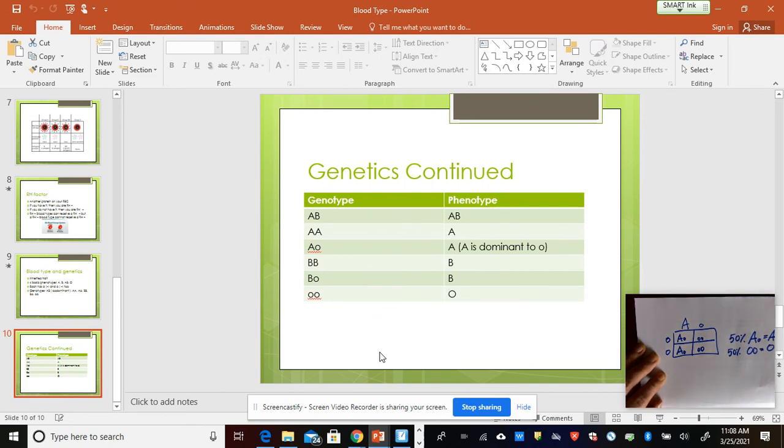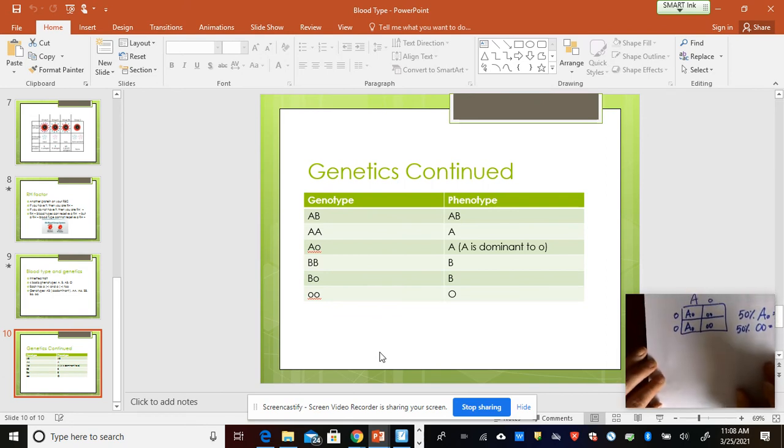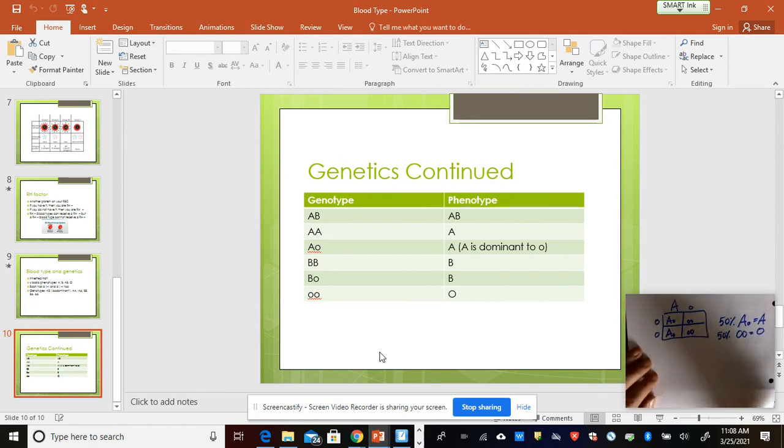And we would have to do a separate Punnett square for the RH factor. The RH factor is a separate inherited trait. So for example, if you have one parent that has the RH factor, and then you have another parent who does not, the negative RH factor is actually recessive. And so you would have plus negative, plus negative, plus negative, plus negative.